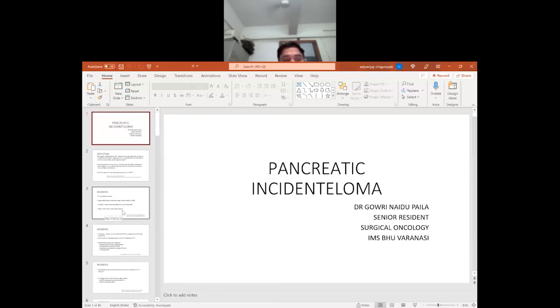And worrisome features include pancreatitis, or on imaging a cyst size more than 3 centimeters, enhancing mural nodules less than 5 mm, thickened enhancing cyst wall, main duct size between 5 to 9 mm, or any abrupt change in caliber of the pancreatic duct with distal pancreatic atrophy, or any lymphadenopathy on imaging, increased serum levels of CA 19-9, or a gradual increase in cyst size with growth rate more than 5 mm per 2 years.